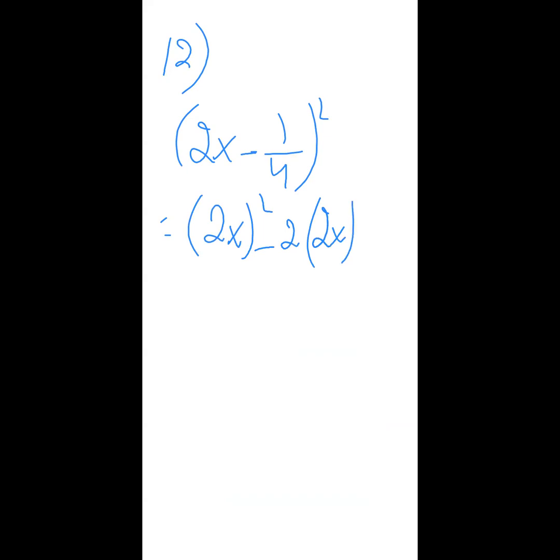So we have 2x minus 1 over 4 all of it squared. So according كمان ل remarkable rule نعمل squaring ل first term minus 2 into the product of the two terms plus the squaring of the second one.